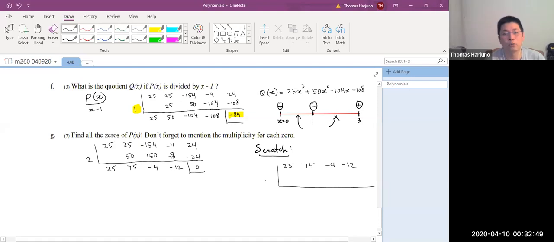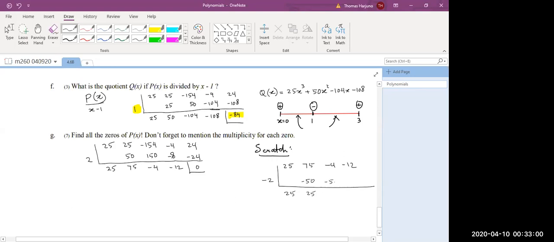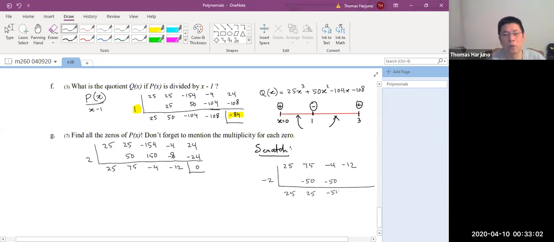Let me try -2. Instead of sitting here doing nothing, just keep on thinking, right? Do something. So -2, 25, -50, that's 25, -50, -54, positive 108, this is positive.